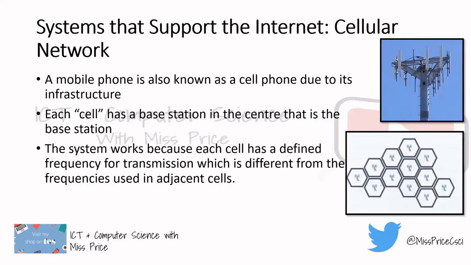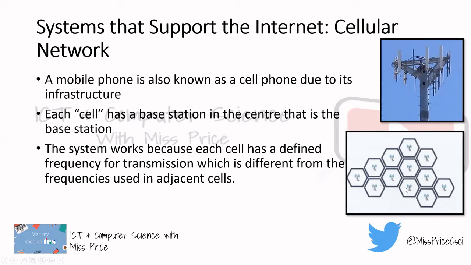So now, cellular networks. This is basically the mobile phone infrastructure. They're known as cellular networks because if you take a look here, you can see these different transmission towers. For example, we're on the beautiful island of Gran Canaria, and there are many transmission stations here.